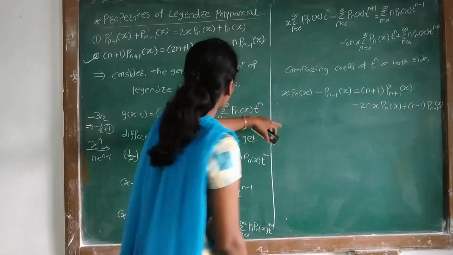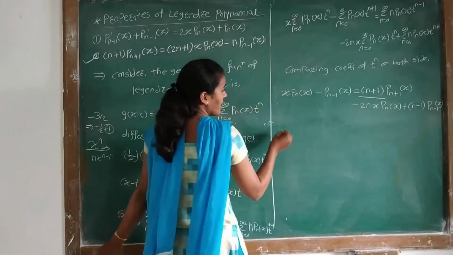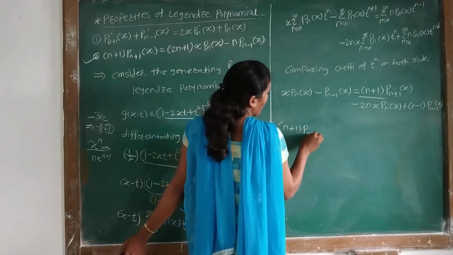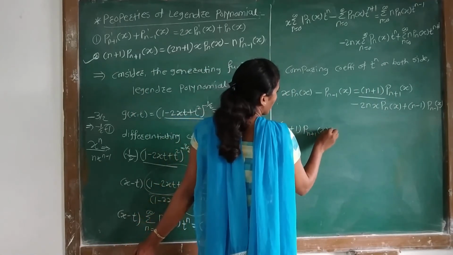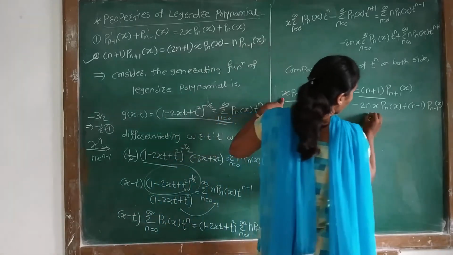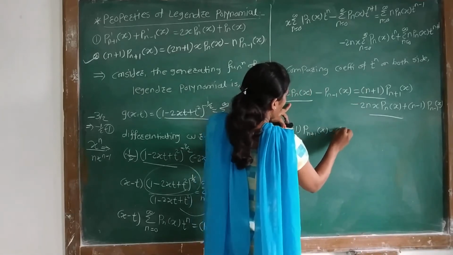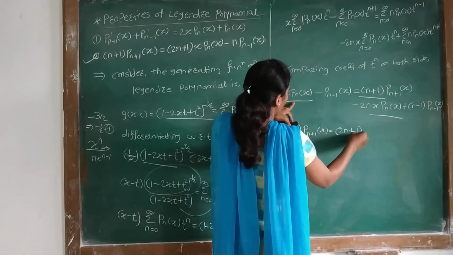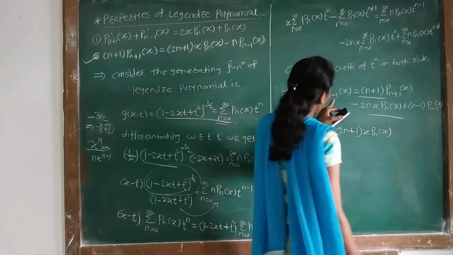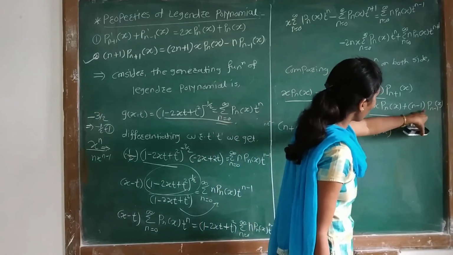Now, rearranging this equation, we write (n+1) P_{n+1}(x) is equal to, taking x P_n(x) as common, (2n+1) x P_n(x), minus P_{n-1}(x) and n minus 1.